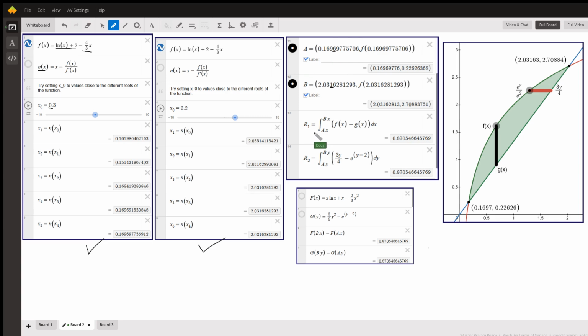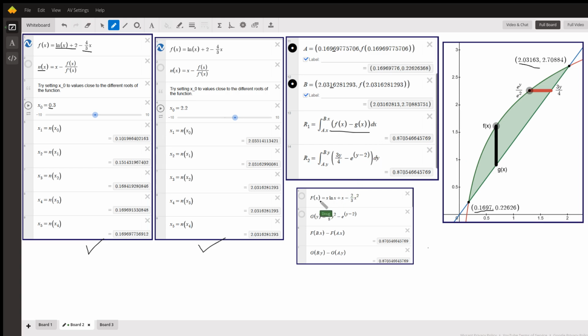But then the area of the region, in terms of x, is going to be the definite integral from a dot x, which is this 0.1697, to b dot x of the length of that rectangle, which is the y coordinate at the top minus the y coordinate at the bottom.